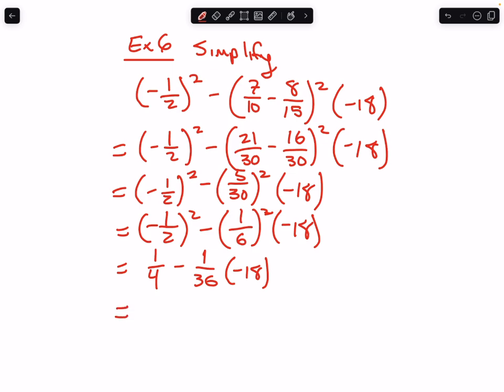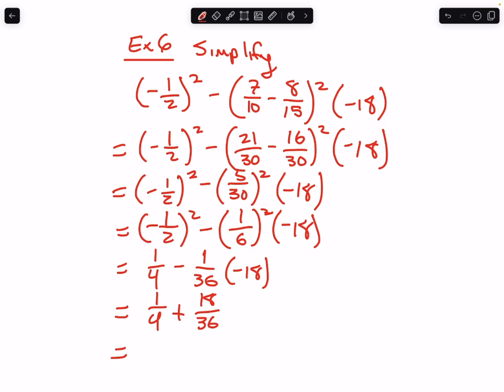Okay, still doing our order of operations. We now have multiplication of the -1 over 36 times -18. So that is 1 over 4 plus 18 over 36. And 18 and 36 have a common factor of 18.